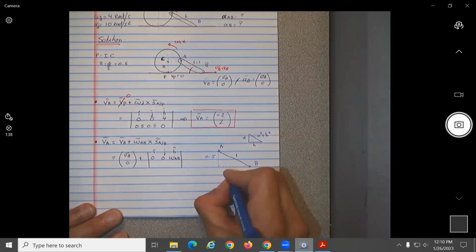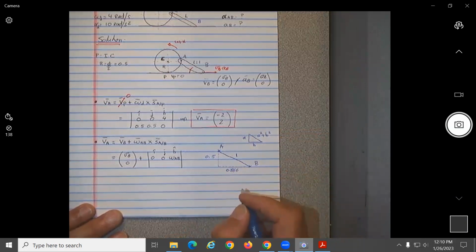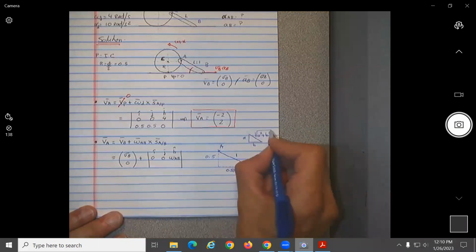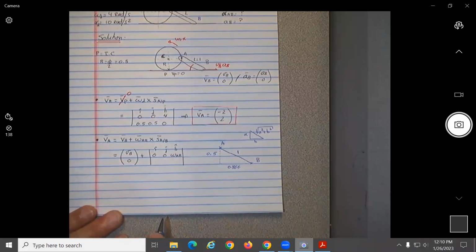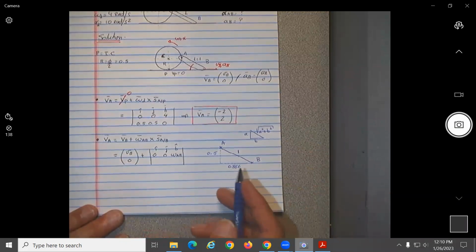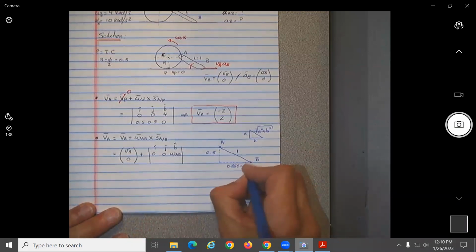It's root 5/2. But what is the equation? 0.866, so it could be square root of 3/2, something like that, no? Isn't it square root of 5/2? 1 squared plus 1/2 squared. All right, square root of all that. Square root of 3/2. Okay, 0.866 sounds good to me. So square root of 3/2, okay? Whatever you want to do.